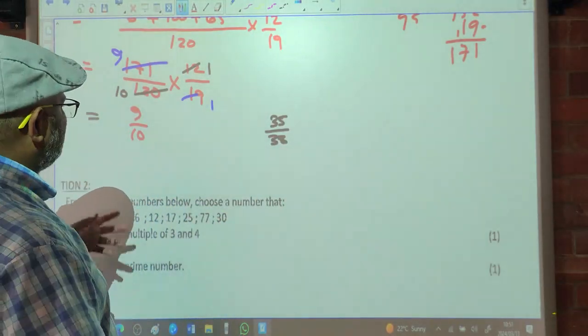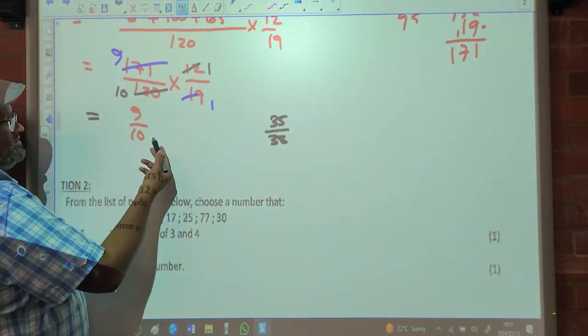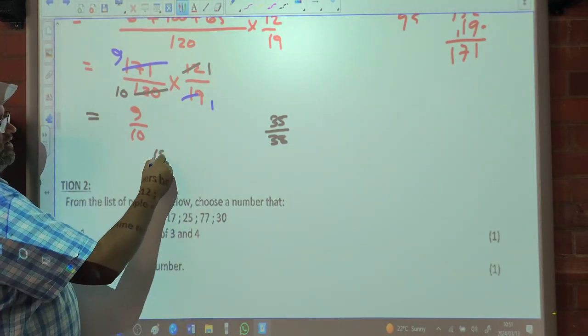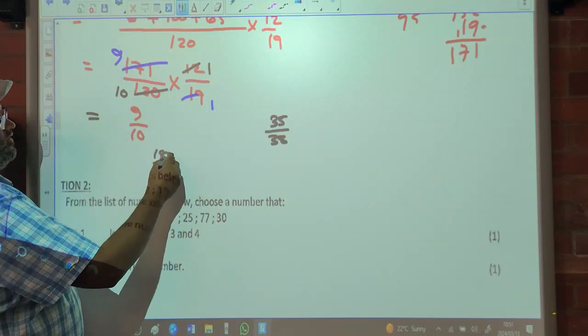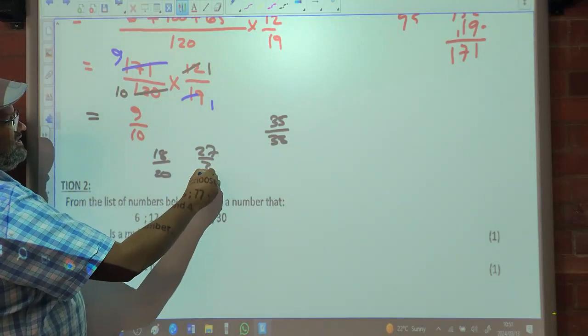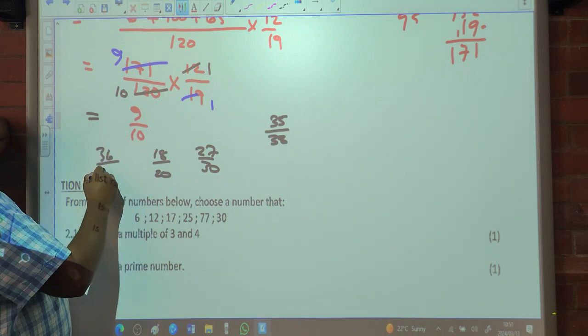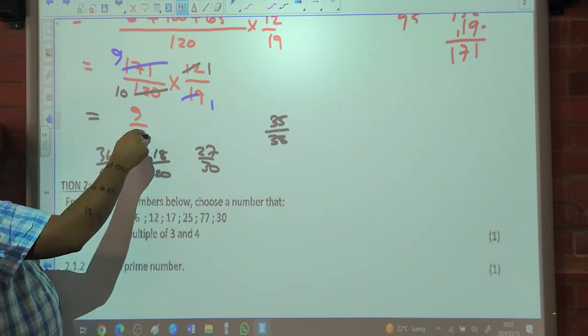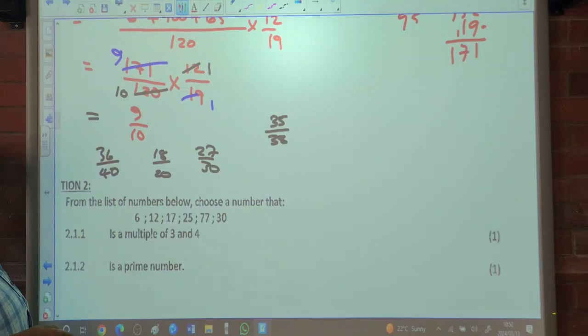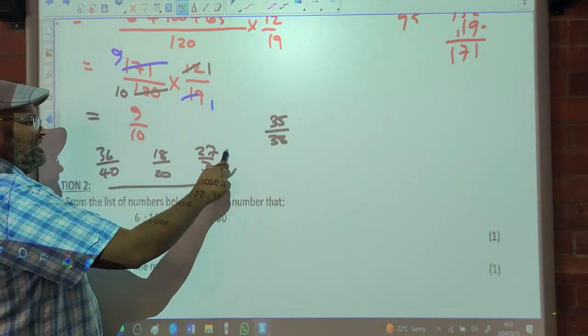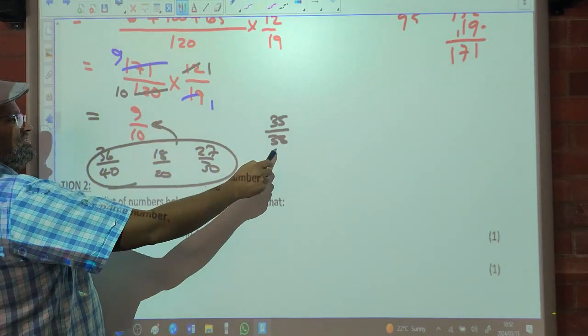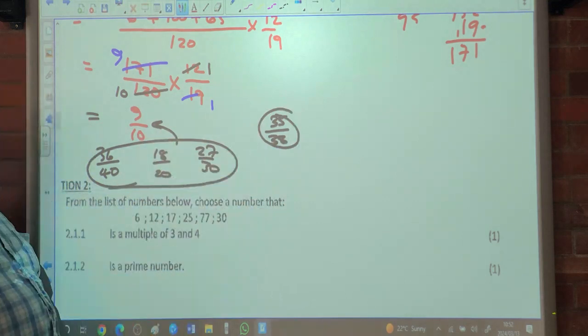It looks solid. You see, the answer that you could have gotten here was maybe 18 over 20, or 27 over 30, or 36 over 40, or 90 over 100, or those. You must remember that the answer you're getting here must be the same as that. Otherwise, definitely you made a mistake somewhere.